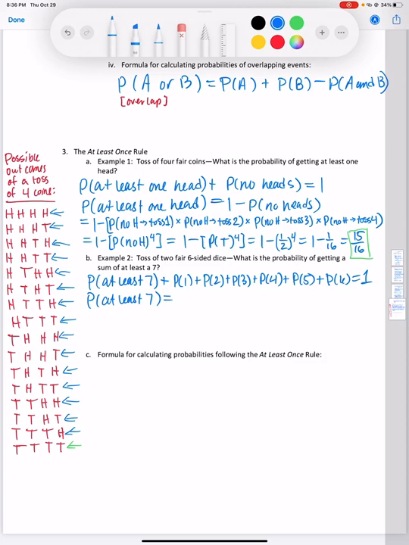So we use our algebra. 1 subtract the probability of getting 1, plus the probability of getting 2, plus 3, plus 4, plus 5, plus 6, which is equal to 1 minus. Now the probability of getting 1 is 0, because you can't get 1 with 2 dice. The probability of getting 2 is 1 out of 36. There's only one way to get 2. There's 2 ways to get 3, 2 and 1 and 1 and 2.